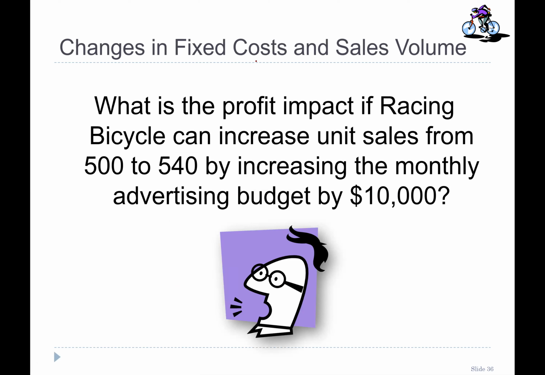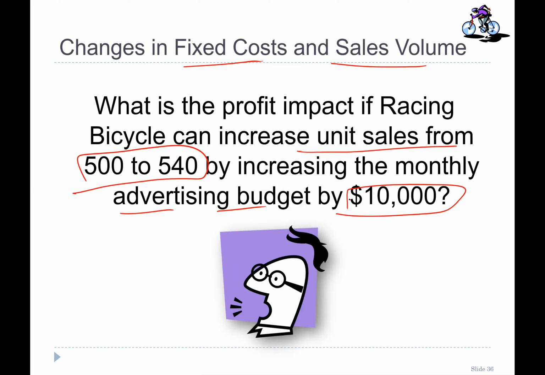And how we can play with the changes in fixed cost and sales volume to see the profit. Here we go. What is the profit impact if RBC can increase its sales from 500 to 540 units by increasing advertising budgets 10,000? So would it be more profitable? In other way, would it be more profitable for a company to accept this kind of strategy?